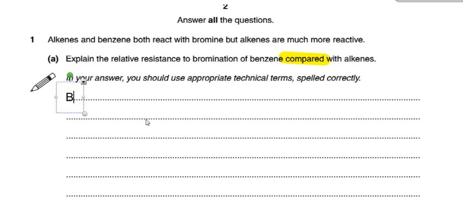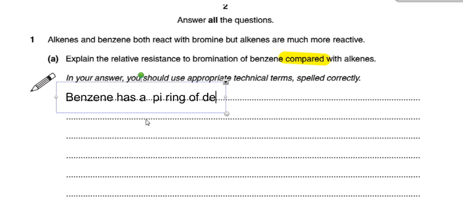So we've got benzene has a ring of, well, let's have a pi ring, shall we, to be even more precise, a pi ring of delocalized electrons.